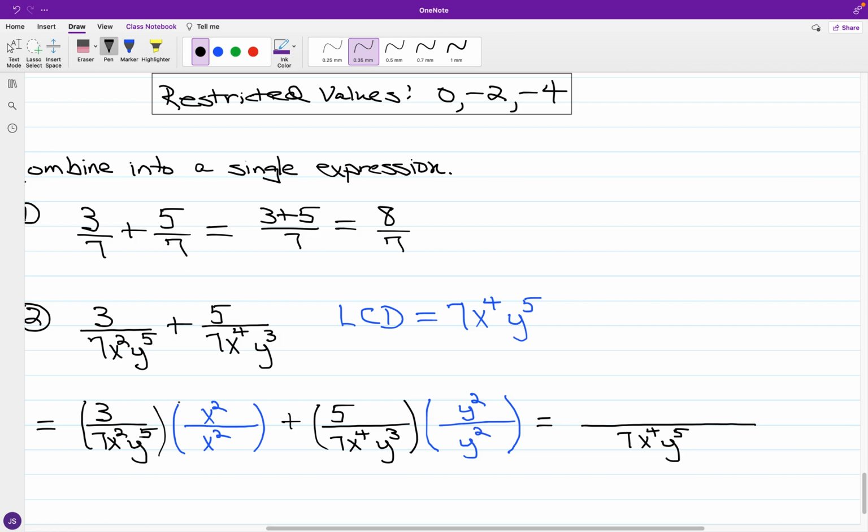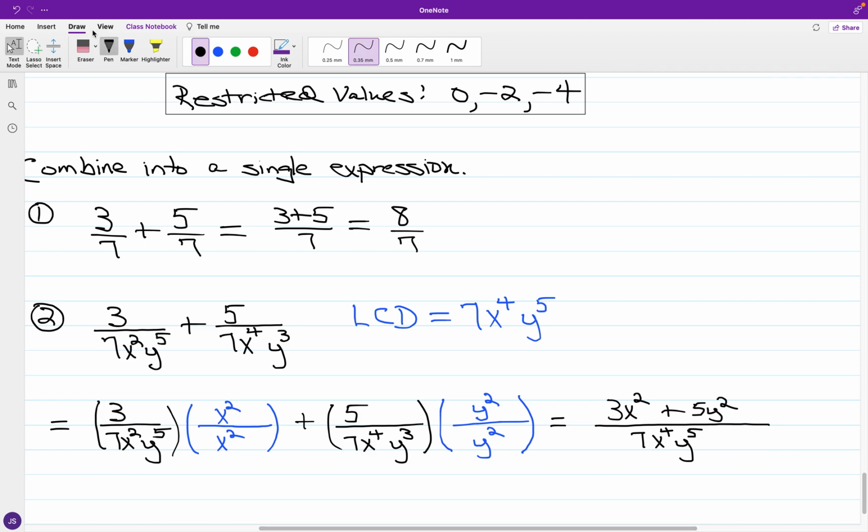And I can go ahead and combine the numerator terms. So I have 3x squared plus 5y squared, and that will be the single expression result for this one.